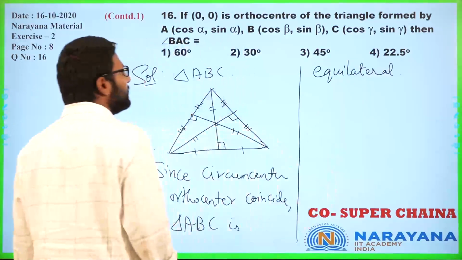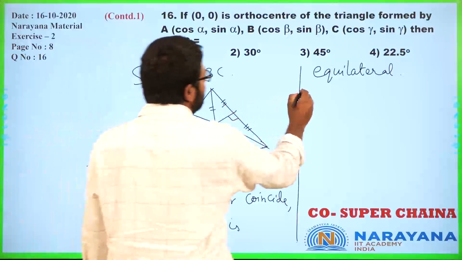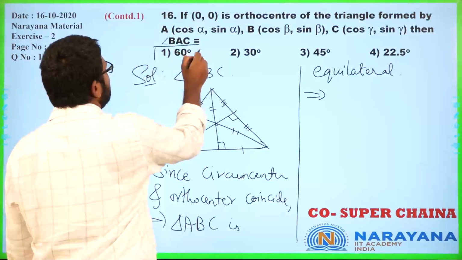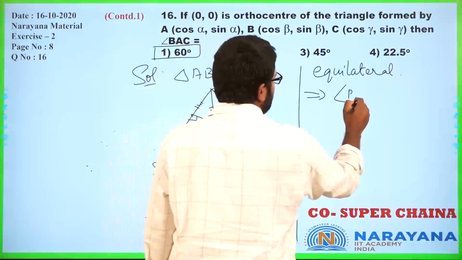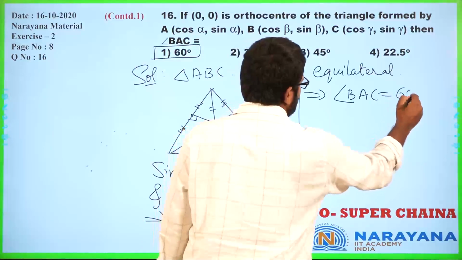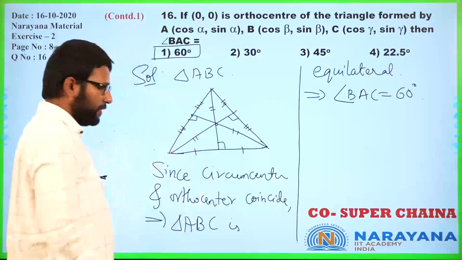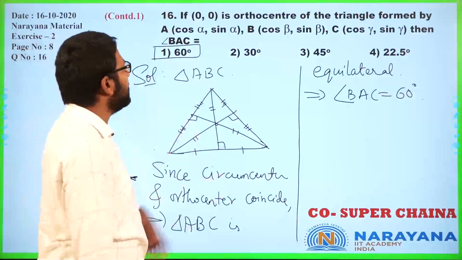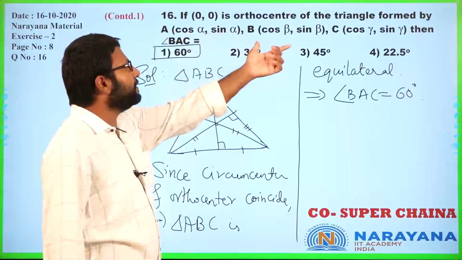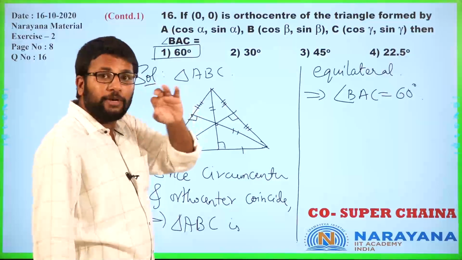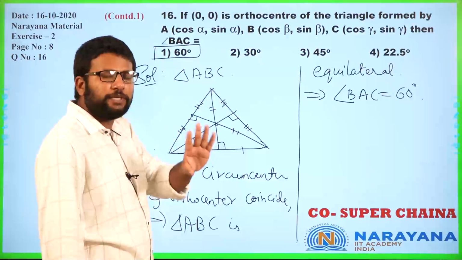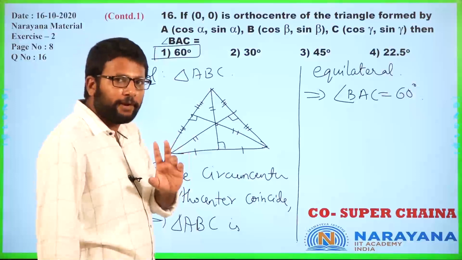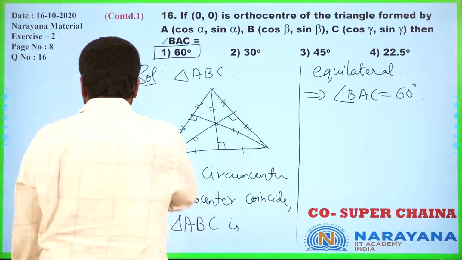Now, if it is an equilateral triangle, angle BAC automatically becomes 60 degrees. Got it? So this observation, that OA square equal to OB square equal to OC square, comes only by observing the given information carefully. Alright? Let us proceed then.